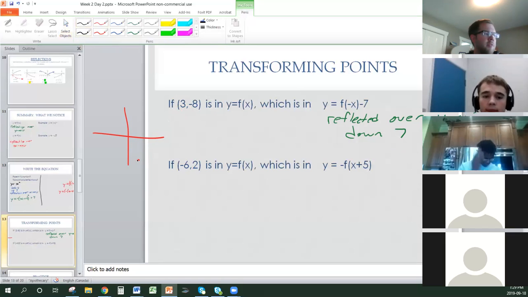And then when it's reflected over the y-axis, it's right there, which is -3, -8. And then it's being shifted down 7. So that's -3, -15.